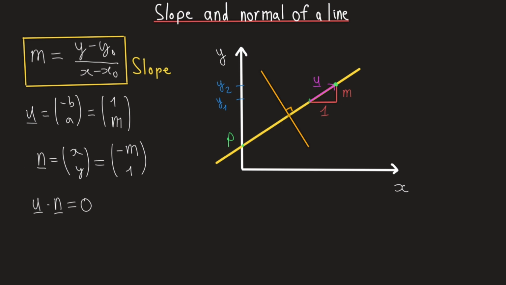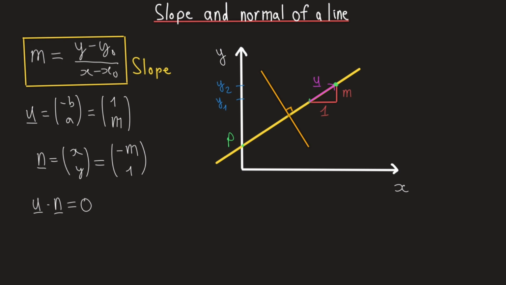And remember that the normal vector has to be perpendicular to that line, and since our direction vector is parallel to that line, the normal vector will be perpendicular to and therefore orthogonal to our direction vector.